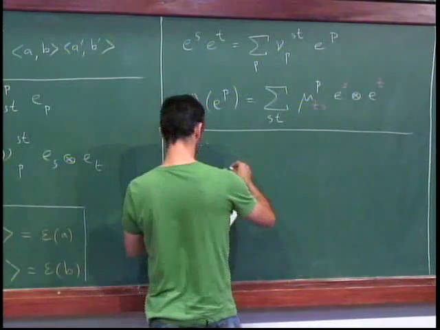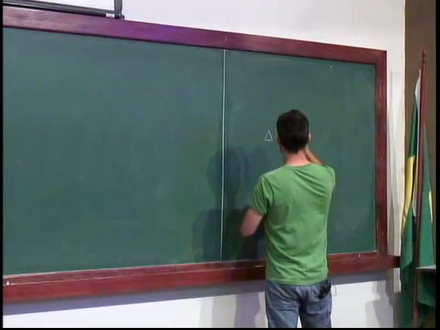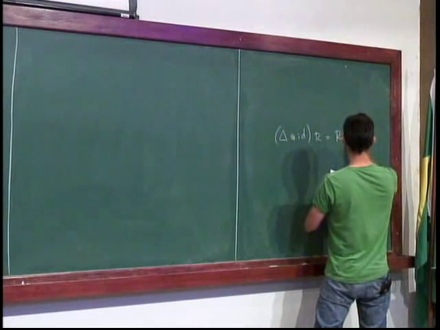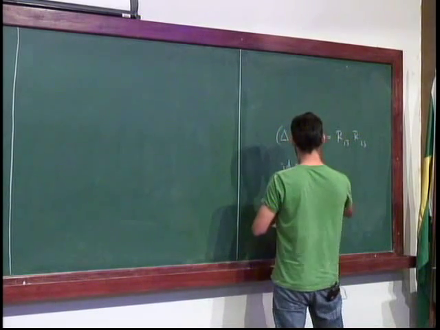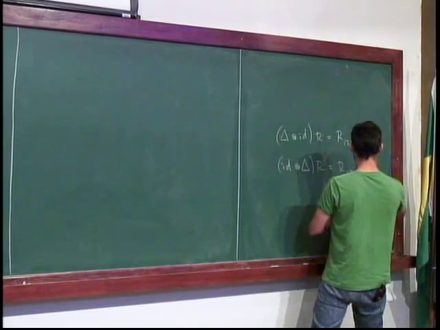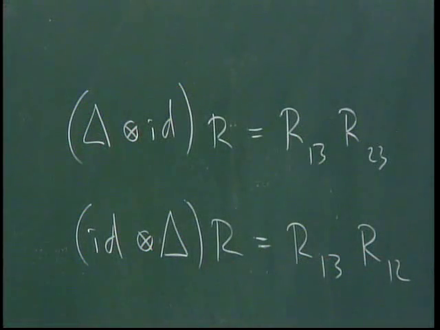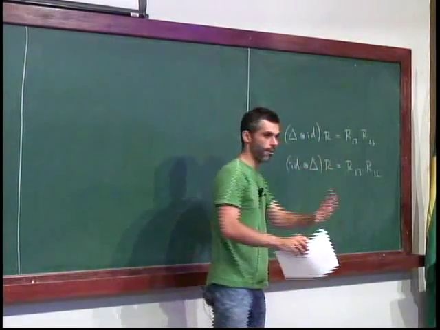So we need to check the following identities. These are the identities that I want to check, and Chris mentioned in his talk that there was a small mismatch between conventions of what we use as R matrix, so apologies for that.